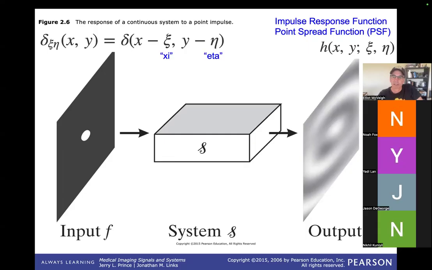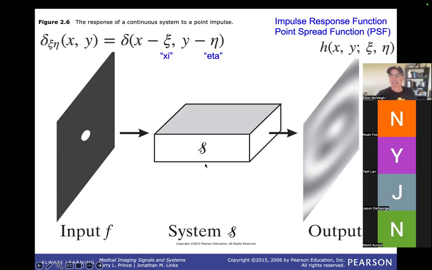We can describe a system with basically an impulse response function, and we've discussed this before. Here's my script S system, and my true f(x,y), the input to the system, is over here. Recall that if I make a little tiny dot, a delta function, then what I see out here is called the point spread function of this system.